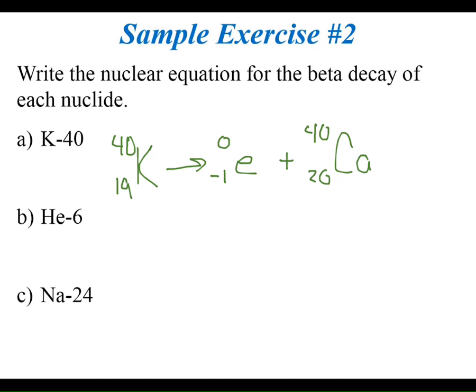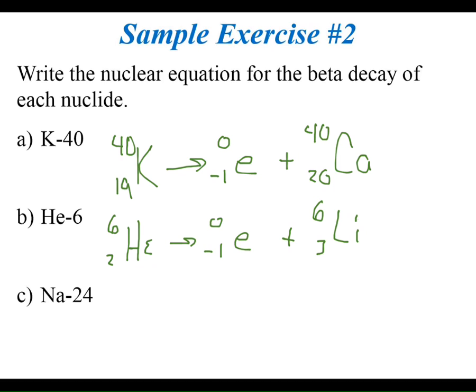Okay, what'd you get? Lithium what? Lithium 6, right? Absolutely, lithium 6. So helium-6 is number 2. So if it spits out a beta, well, 3 minus 1 is 2, but this still stays 6. So lithium 6.